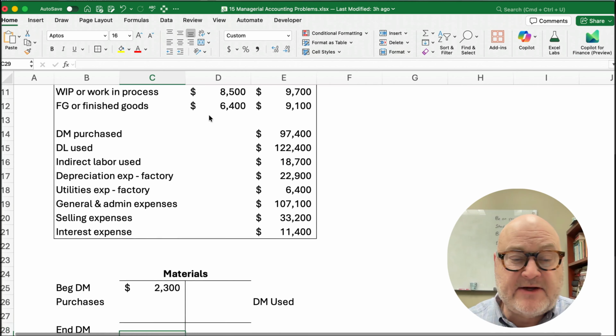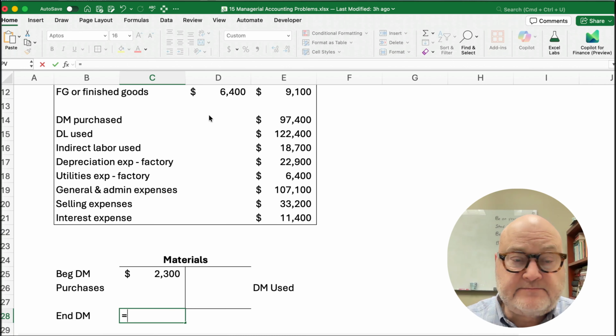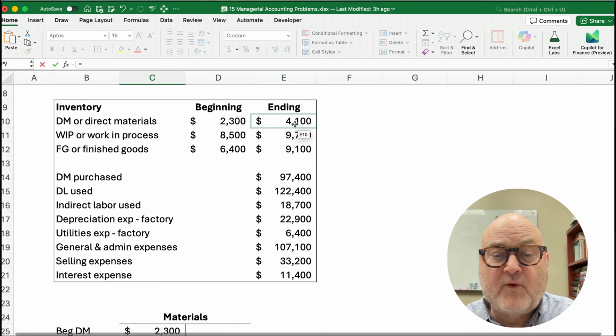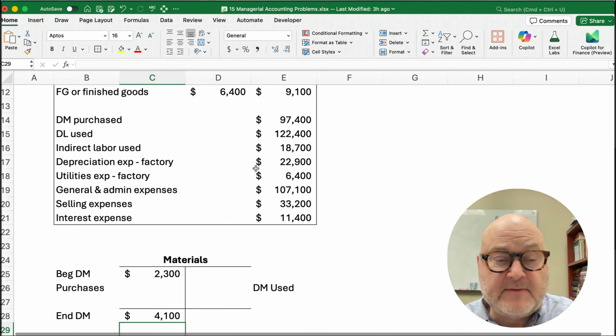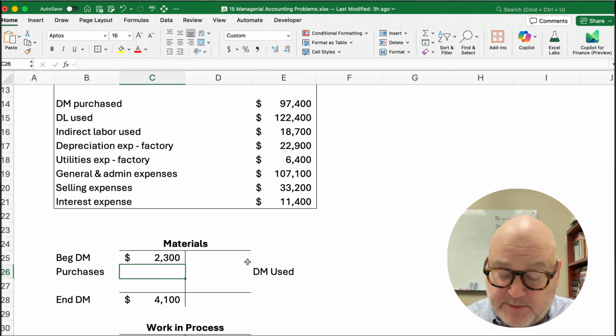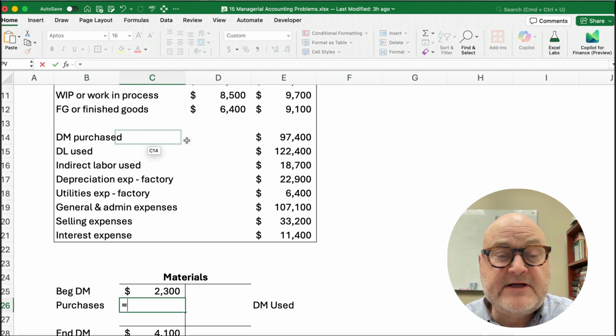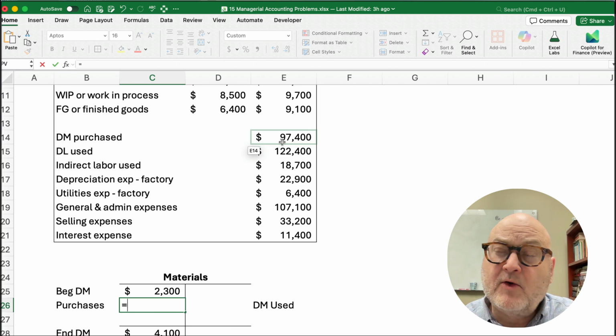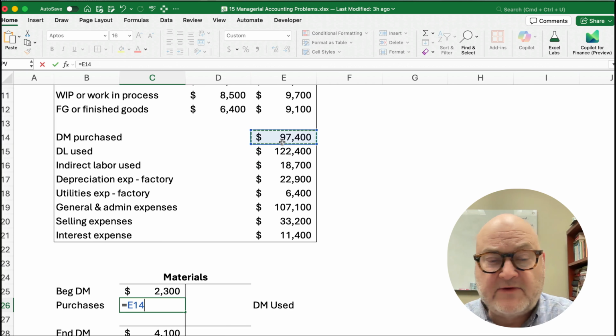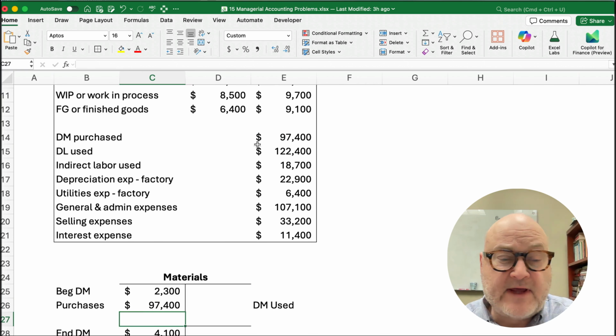The ending materials is going to be 4,100. Okay, so that's our beginning and ending, and we had purchases. So our purchases of materials, direct materials purchases, might be called materials purchases or purchase of direct materials, something like that.